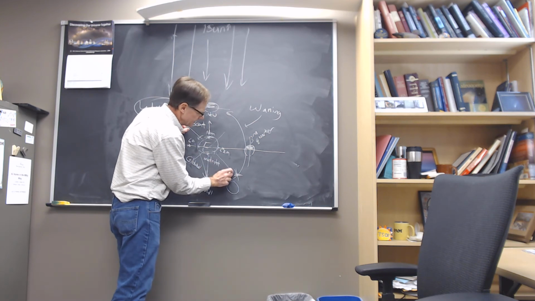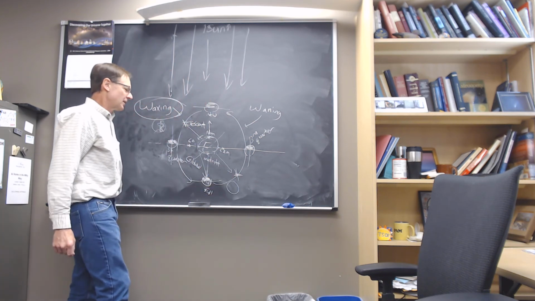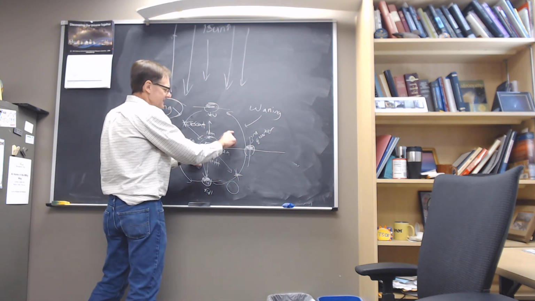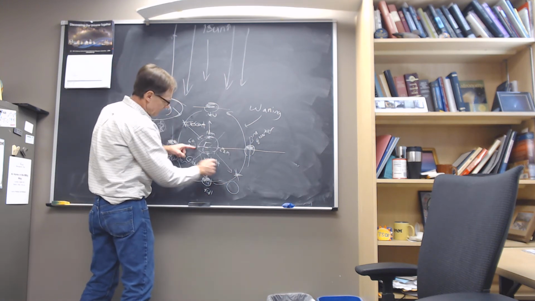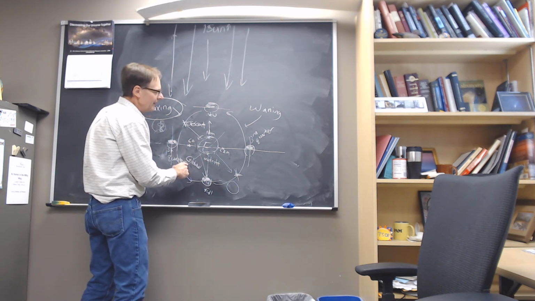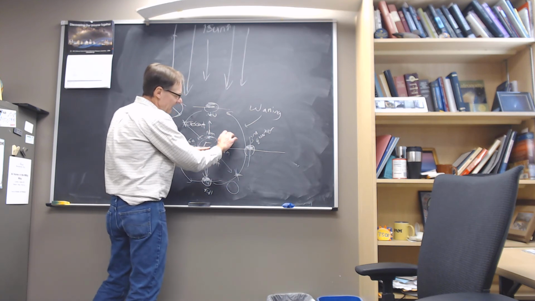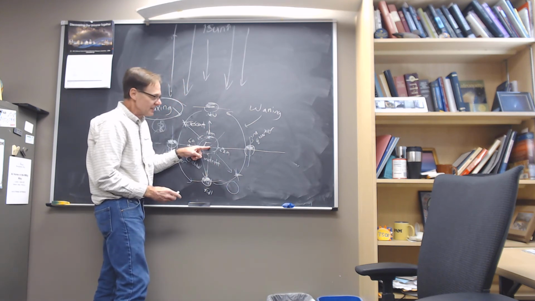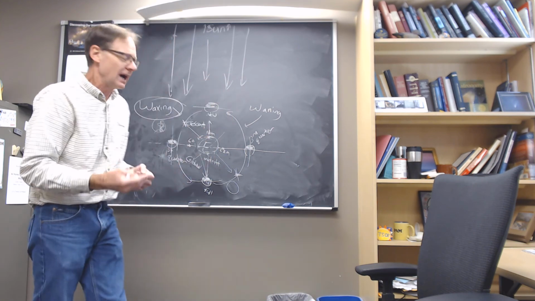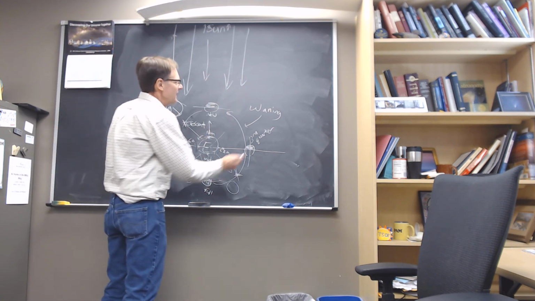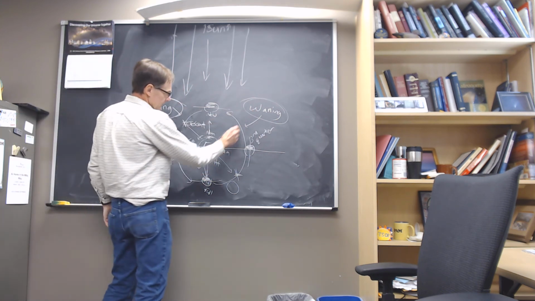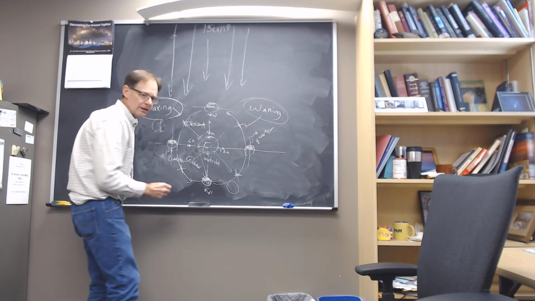That means it's going to be directly overhead at 3 a.m. And if it's directly overhead at 3 a.m., it's going to set at 9 a.m., and it will rise, pop into view as the Earth rotates around, at 9 p.m. So it's up in the sky a little bit after sunrise. And so if you see the moon in the morning after sunrise, in the early morning hours, that means it's a waning moon. Okay? You can do the same thing for these pieces over here.